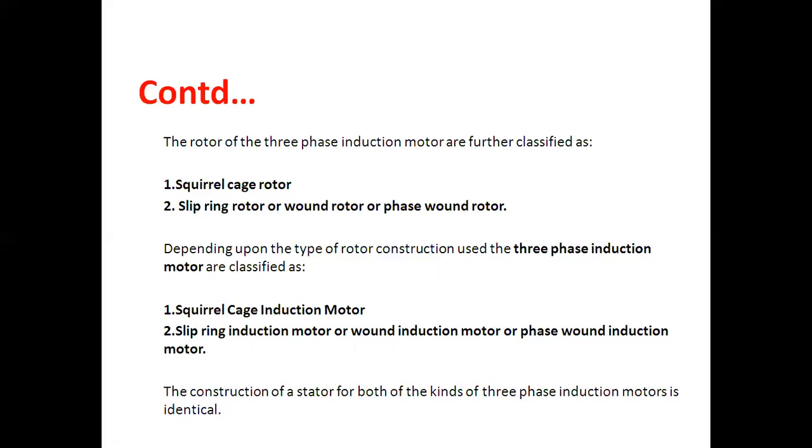Depending upon the type of rotor construction used, three-phase induction motors are classified as the squirrel cage induction motor and the slip ring induction motor, or wound induction motor, or phase wound induction motor.